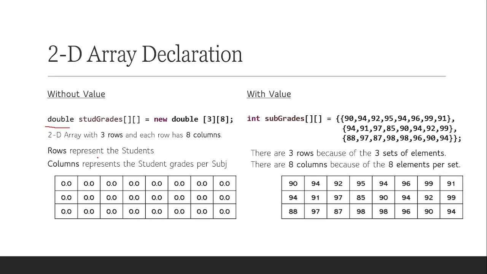So, as you can see dito, meron tayong 1, 2, 3 rows, and then 1, 2, 3, 4, 5, 6, 7, 8 columns each row. So, let's imagine that in this declaration, meron tayong rows for students, and then meron naman tayong columns para sa each grades nila.